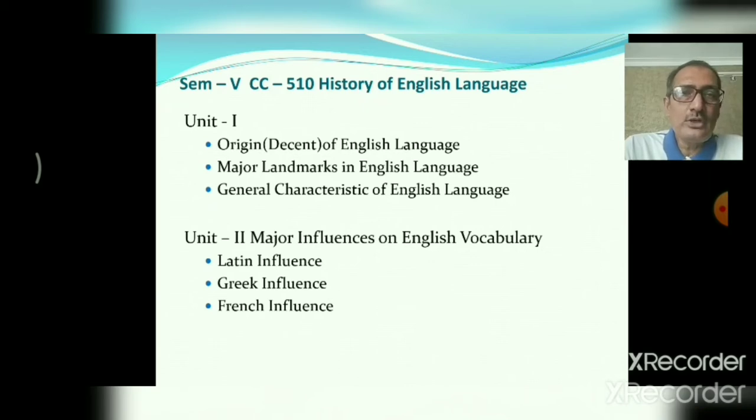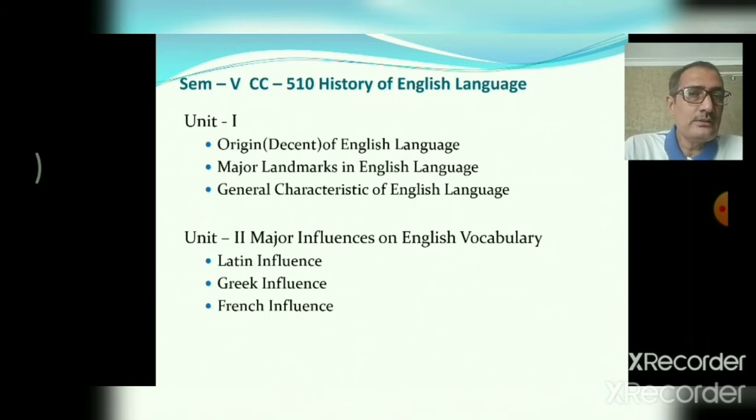Second topic in Unit 1 is major landmarks in English language. English language has developed with the passage of time. There was a primary stage, then a developed stage, and then at present we are using developed English language.